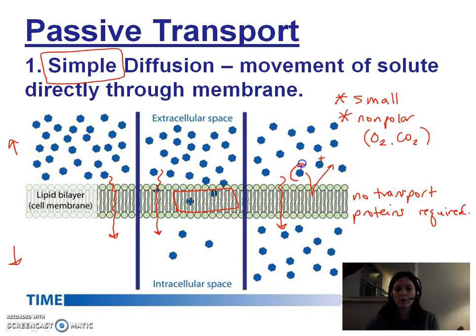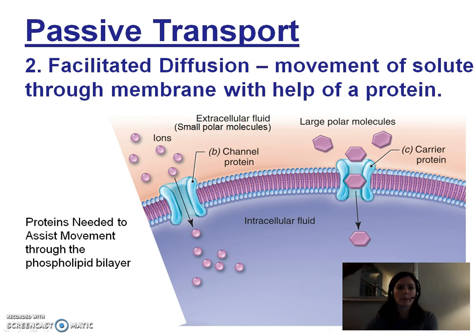A charged particle is not going to be able to go through the nonpolar interior of the plasma membrane at all. So this charged particle would get bounced out. So the only thing that can go through happily and without any interference would be small nonpolar molecules, particularly like oxygen and carbon dioxide. Now let's talk about some other examples.